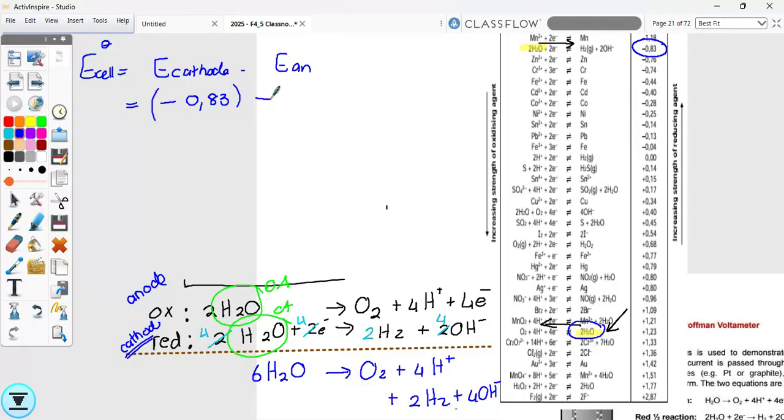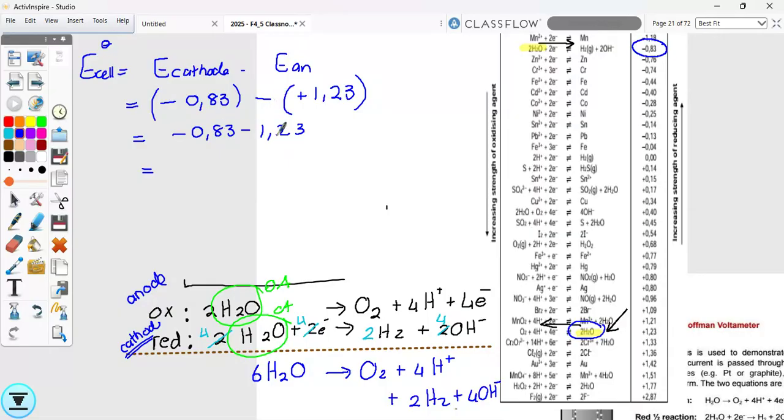And then minus the bottom one here, that is 1.23 positive. If it's positive, you don't have to write it, but just remember that the signs are important. So now we get minus 0.83 minus 1.23.